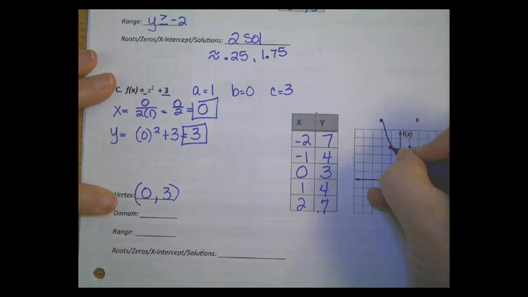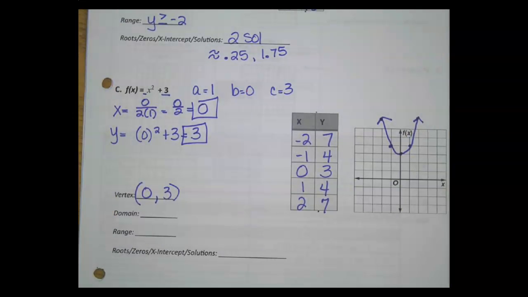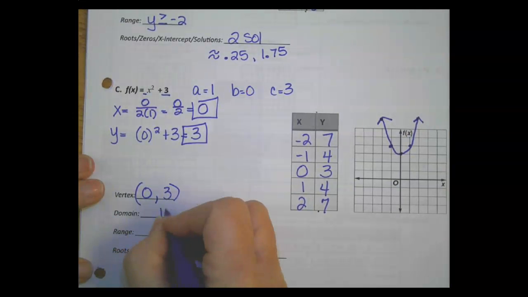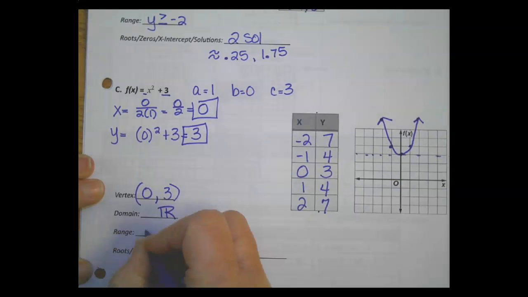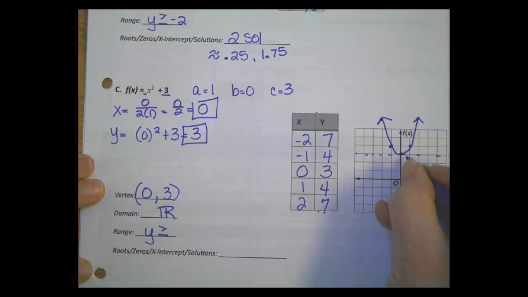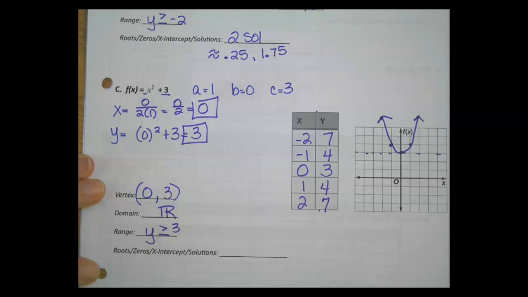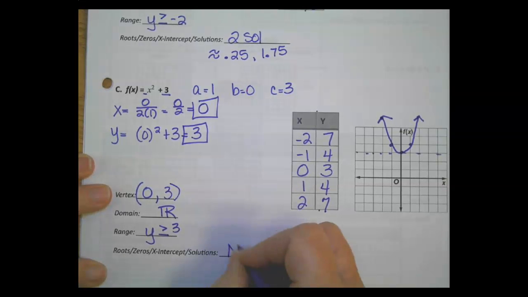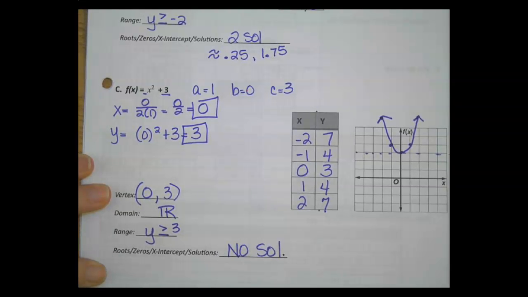Here's my parabola. My domain is still all real numbers. My range, my y values are greater than or equal to, what is that, 1, 2, 3? Same as that value here. I have no solutions, so there's nothing else to add there.